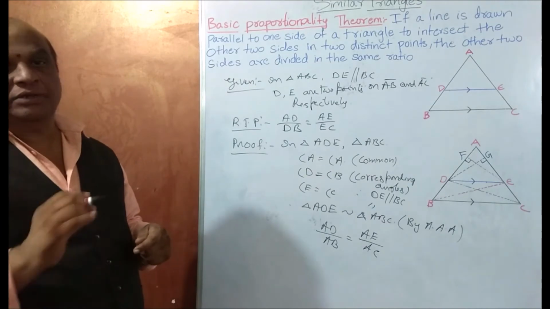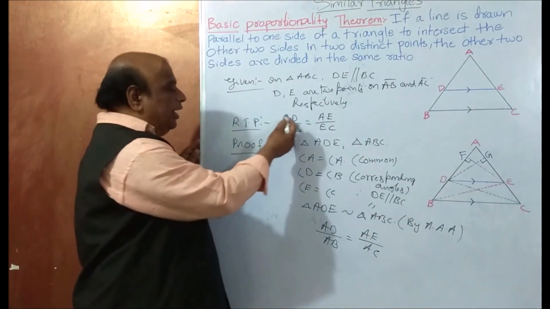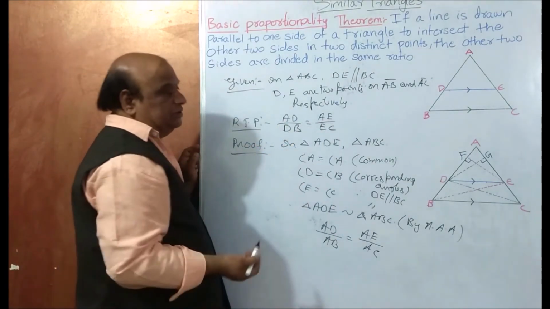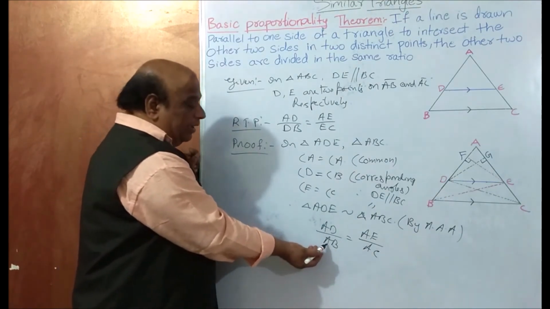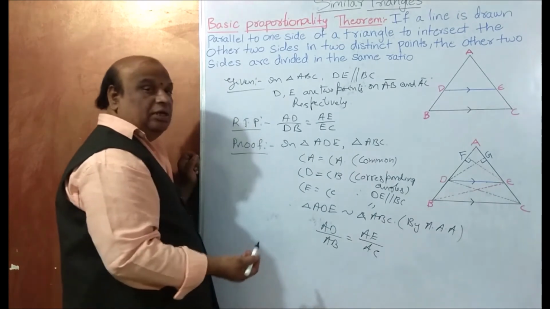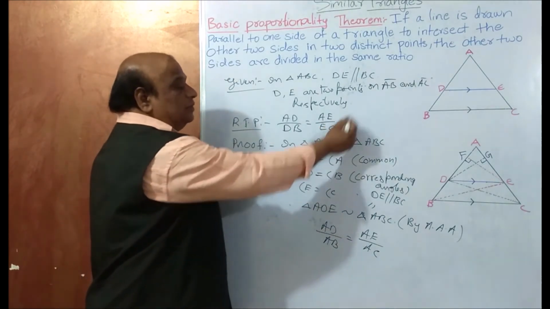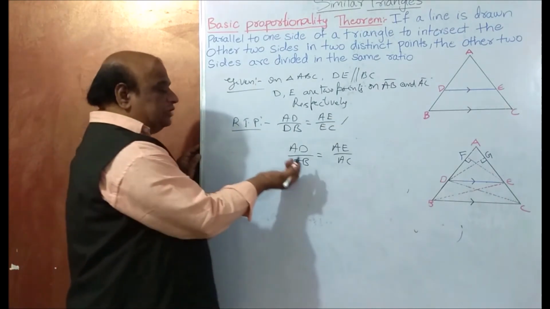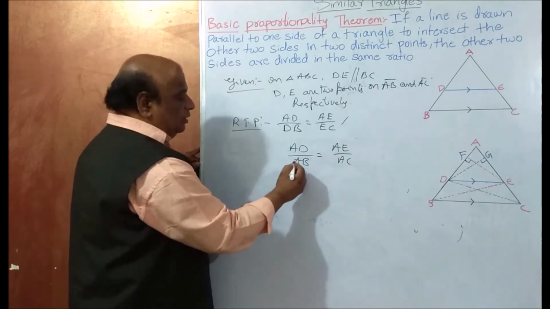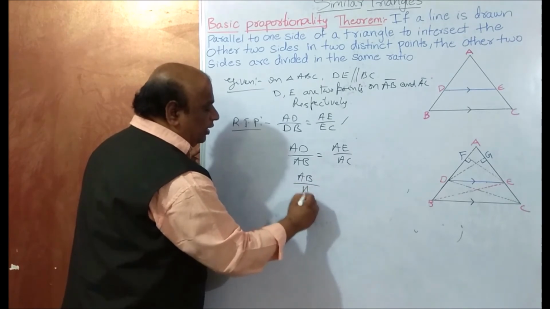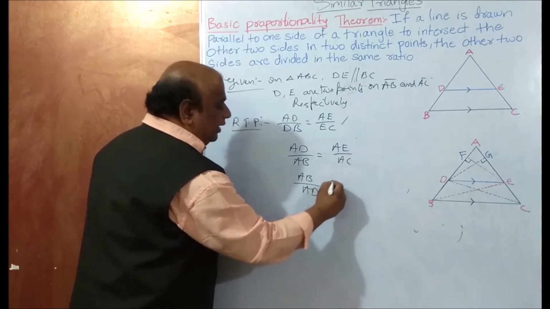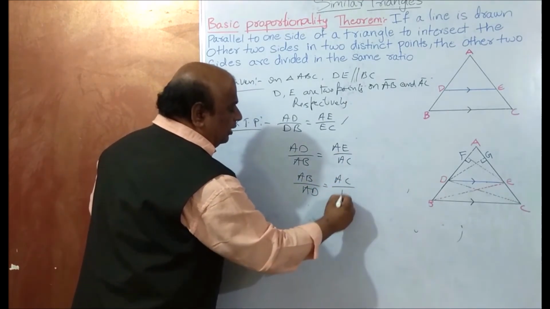But actually, my dear students, here we have to prove AD by DB is equal to AE by EC. We got AD by AB is equal to AE by AC. How to prove this one? Now, I will take the reciprocals of this. Reciprocals: AB by AD is equal to AC by AE.